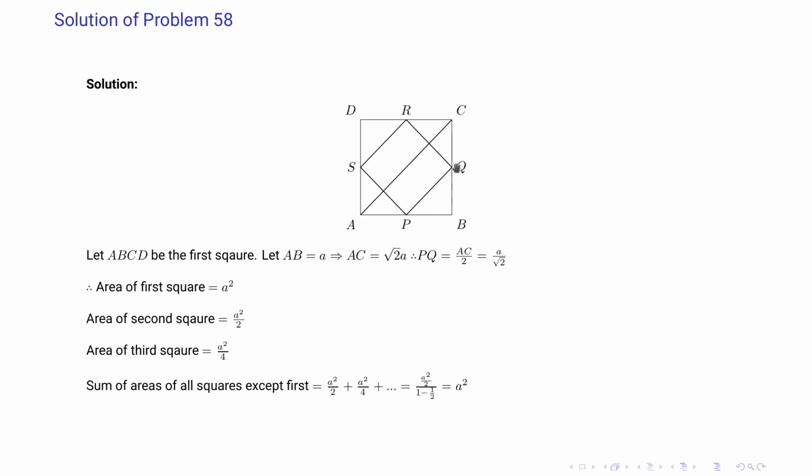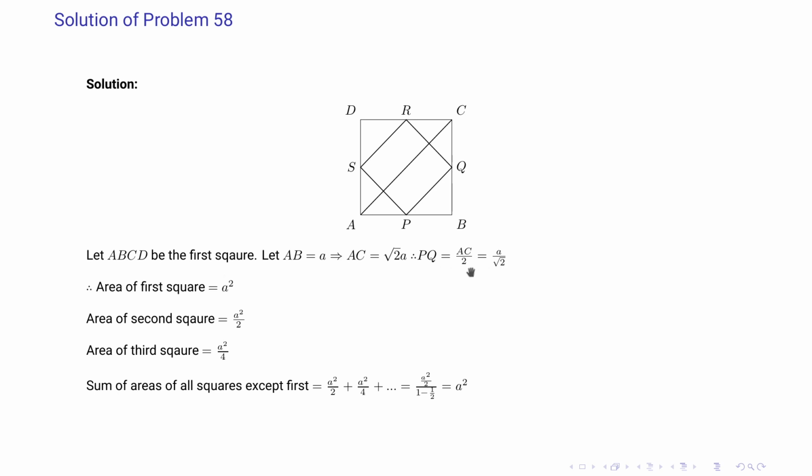So we find that the triangles would be similar, because one angle is common and two sides' ratios are equal. So these two triangles ABC and PBQ would be similar triangles, and that's why the ratio of PQ with AC would be half, because the ratio of the other sides is half. So we get PQ as a by root 2.